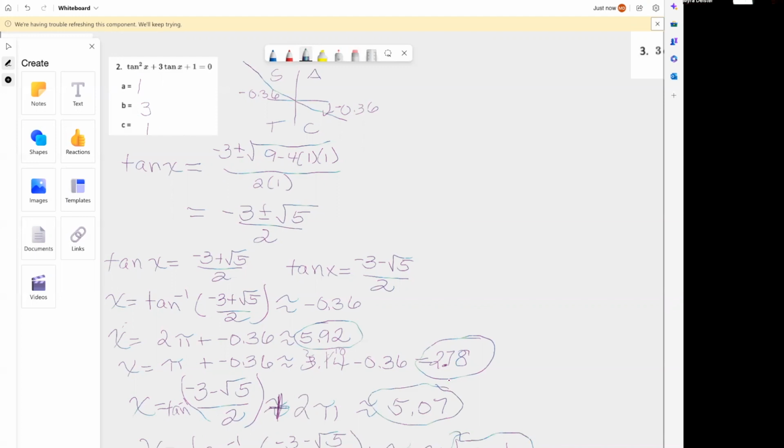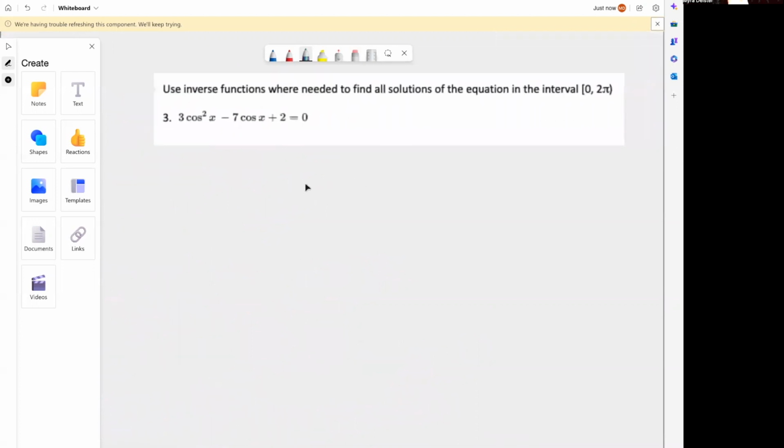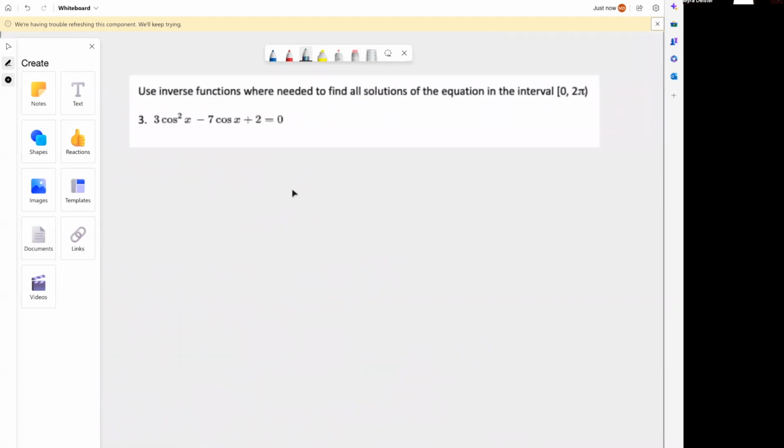Okay, so that's using the quadratic formula. Last problem. Using inverse functions. Okay, so the first thing I'm going to do is see if this is factorable. So set this up. 3 times 2 is 6, and negative 7.